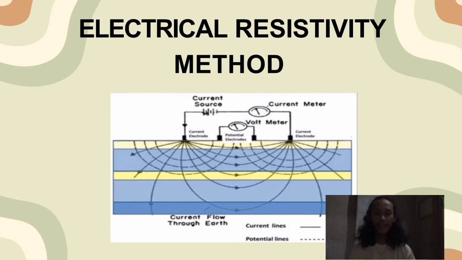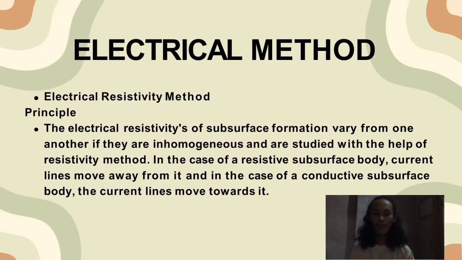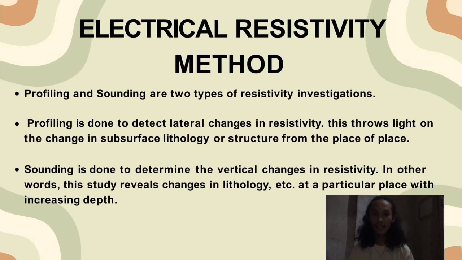Electrical resistivity method: the electrical resistivity of subsurface formations varies from one to another if they are inhomogeneous, and is studied with the help of the resistivity method. In the case of a resistive subsurface body, current lines move away from it, and in the case of a conductive subsurface body, the current lines move towards it.